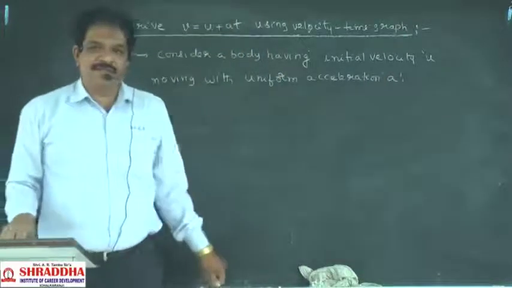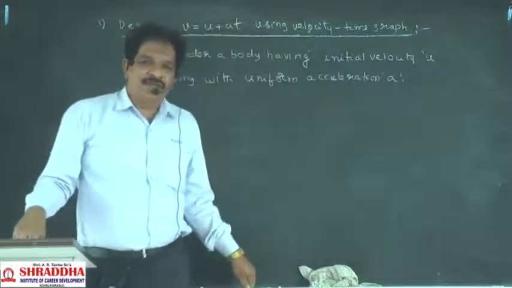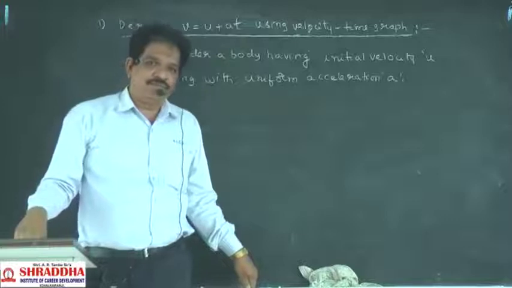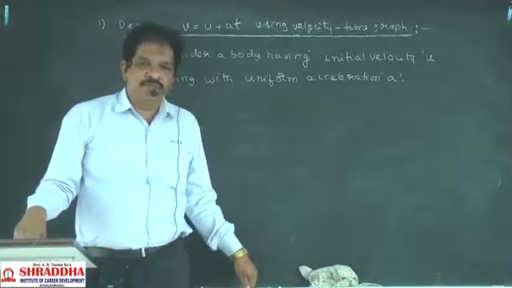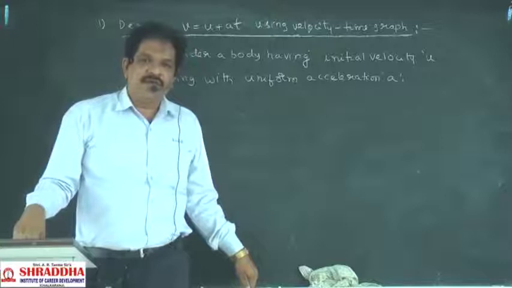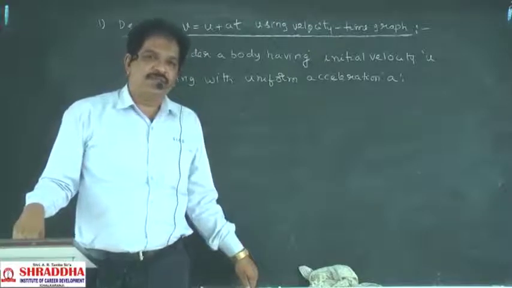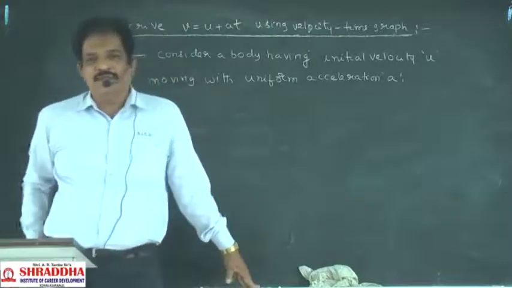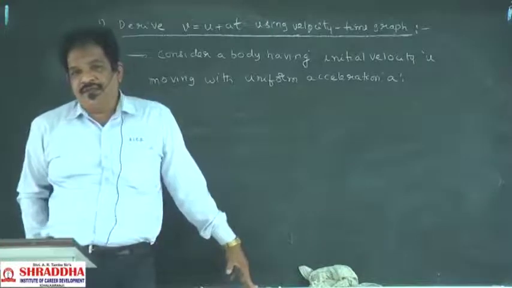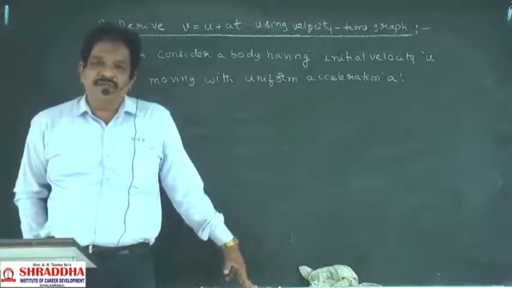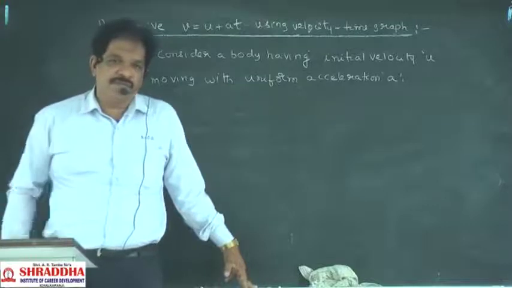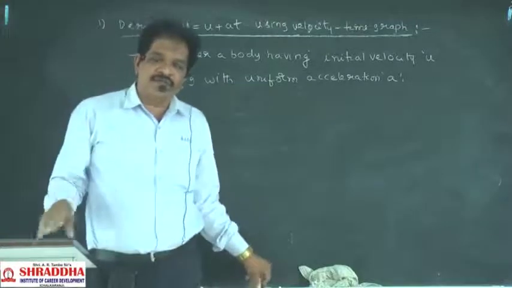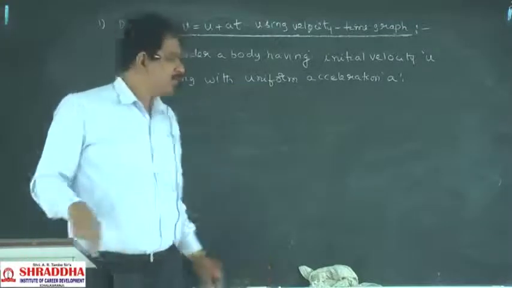A body is there, its initial velocity will be u. It is moving with uniform acceleration a. What is its initial velocity? u. Its acceleration is a. So acceleration means its velocity is increasing with time.